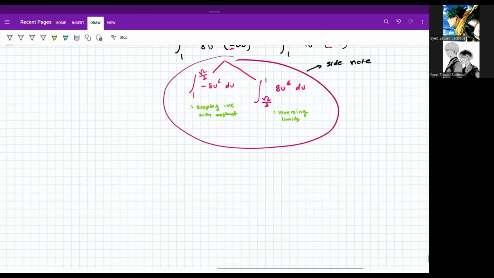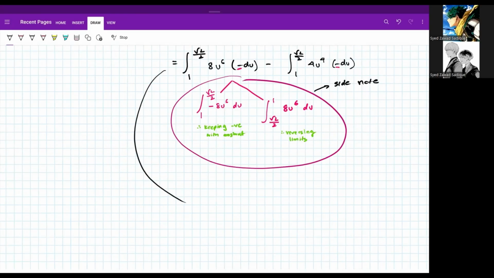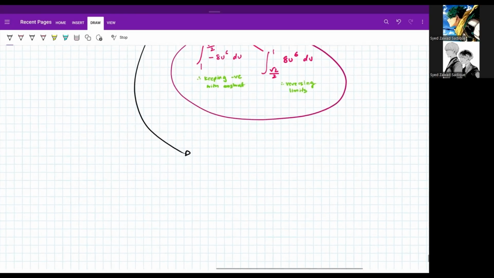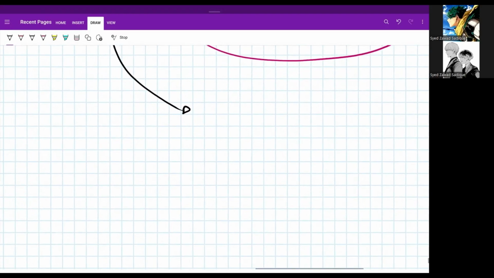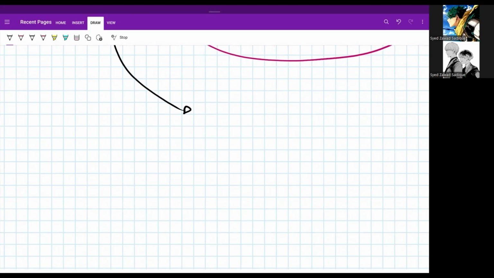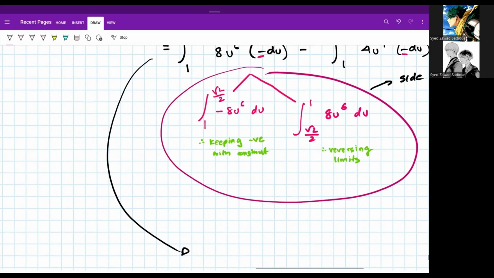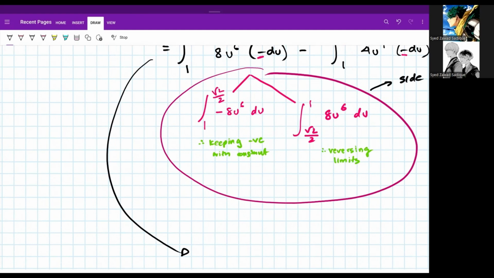Anyways, so moving forward, I'll just keep it as it is, so I don't want much hassle. So I'll just do the integration. By the way, I'm using the first method. I'm keeping negative with the constant.